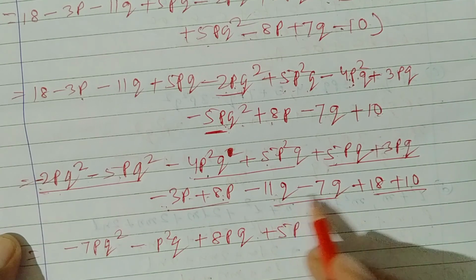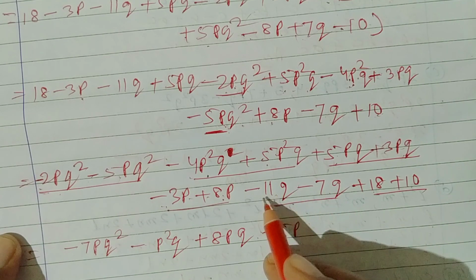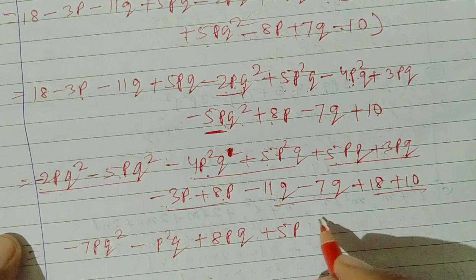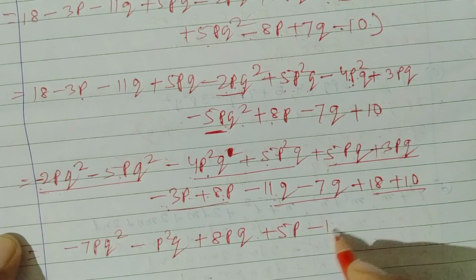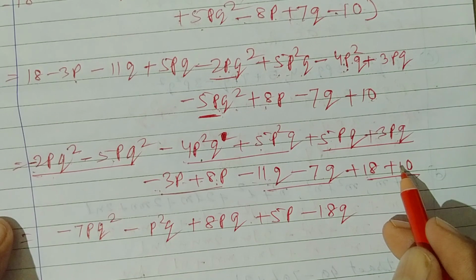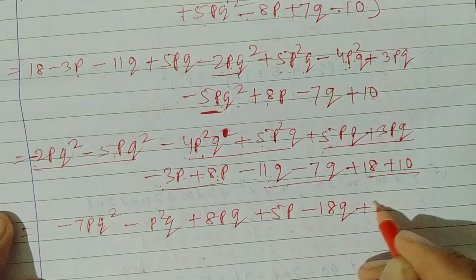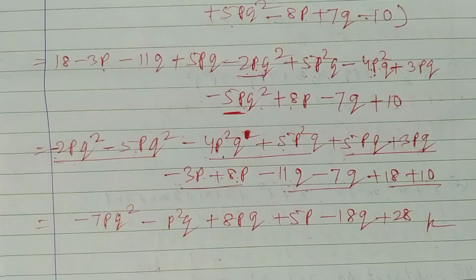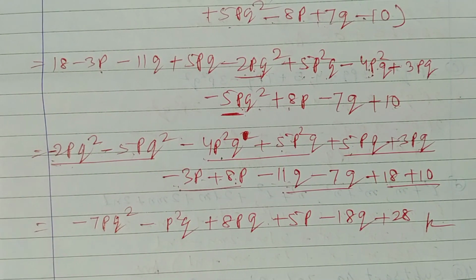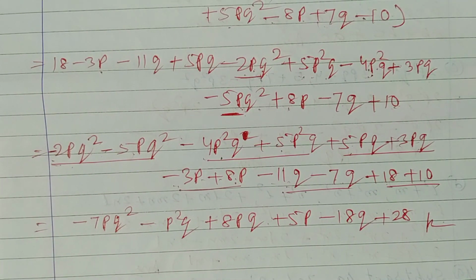Here both signs are the same, minus 11 minus 7, minus 18. Then 18 plus 10, 28. So this is the answer. This way, this chapter is completed. It's very easy.